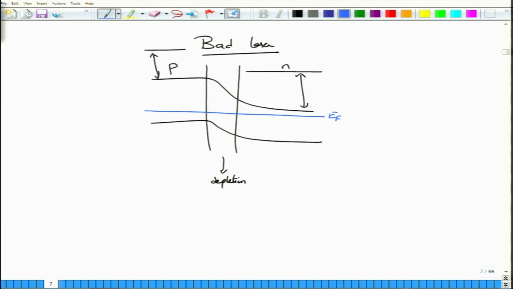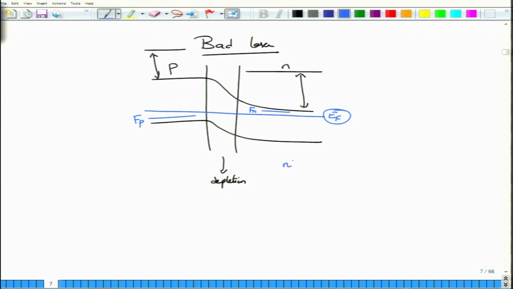But when the PN junction is forward biased or reverse biased, the junction is not in equilibrium. When the junction is not in equilibrium, I cannot talk about a single Fermi level. Rather, I should talk about the quasi Fermi level for the holes and the quasi Fermi level for the electrons.